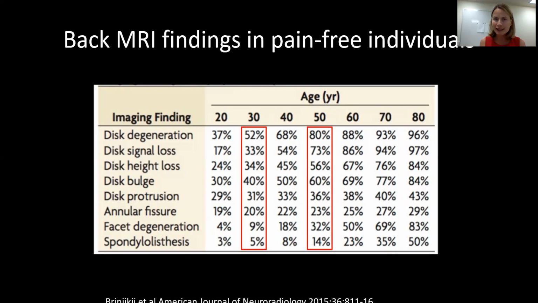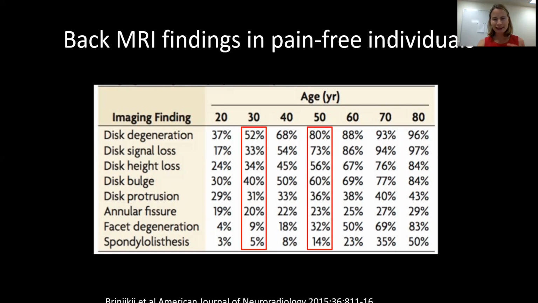So these findings actually tend to show us that some of these changes might be quite normal that we see on scans. They might be more age-related changes, wrinkles of time, so to speak, rather than explaining or delineating a cause for pain.